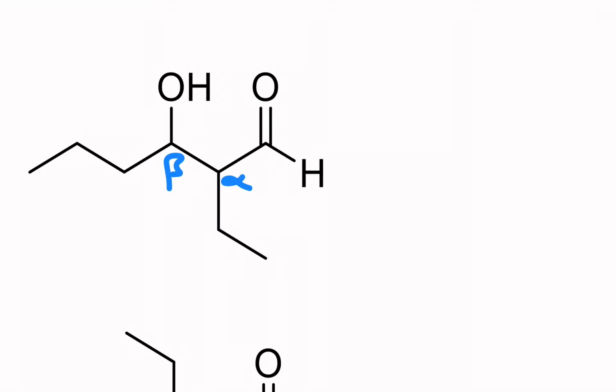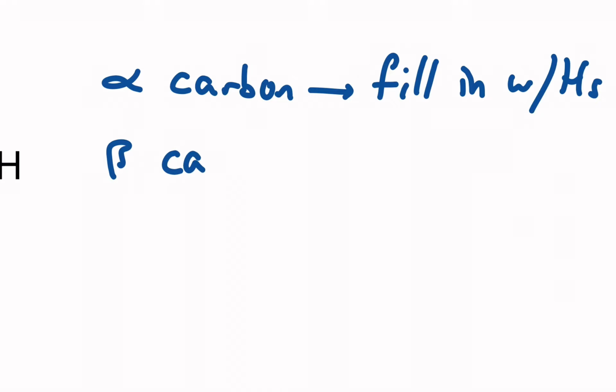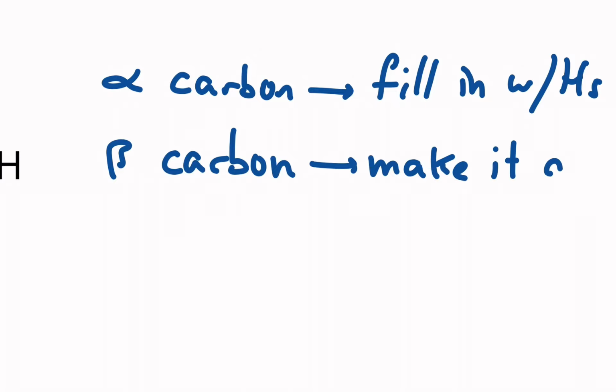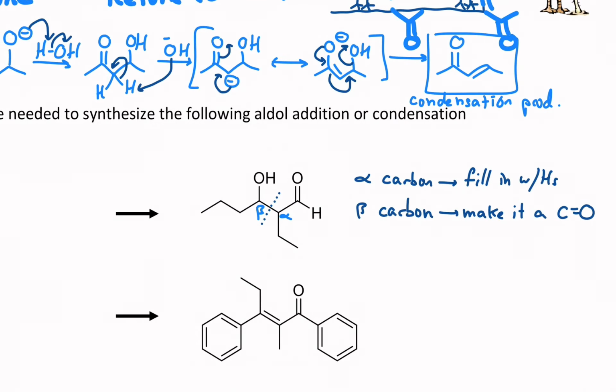When you go backwards, you have to think about making that alpha-beta bond, except the starting material, the alpha carbon you simply fill in with H's, and the beta carbon, make it a carbonyl. Make it a C double bond O.